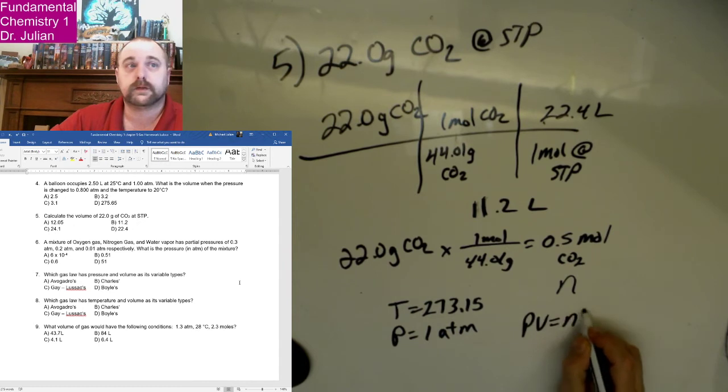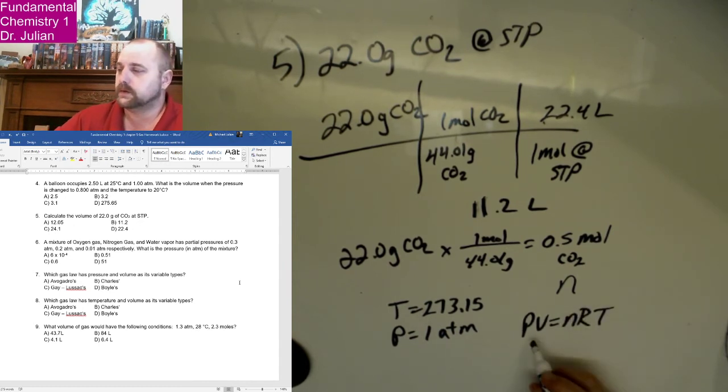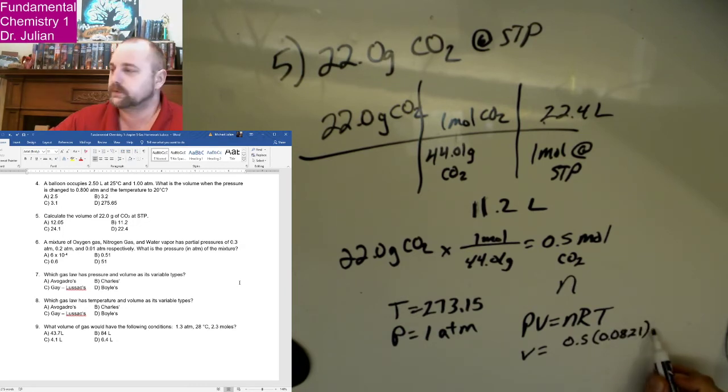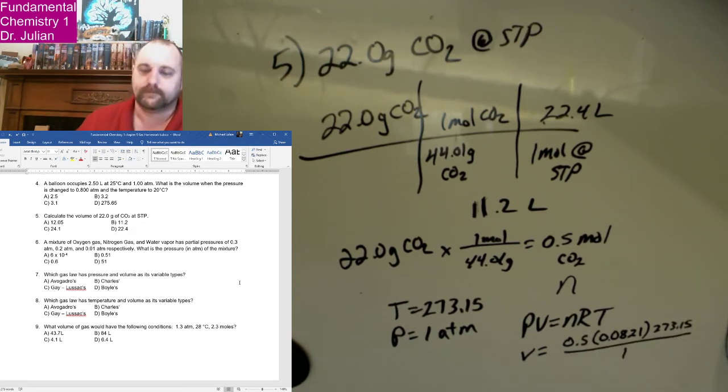PV equals nRT, so volume will be 0.5 times 0.0821, again doing a little rounding, times 273.15 over 1. So 0.0821 times 273.15 times 0.5 is 11.2.